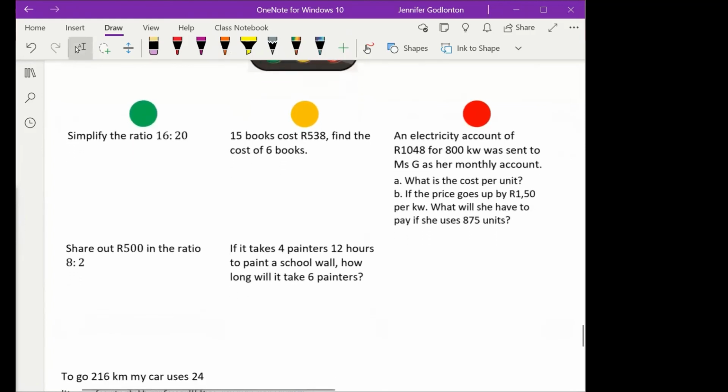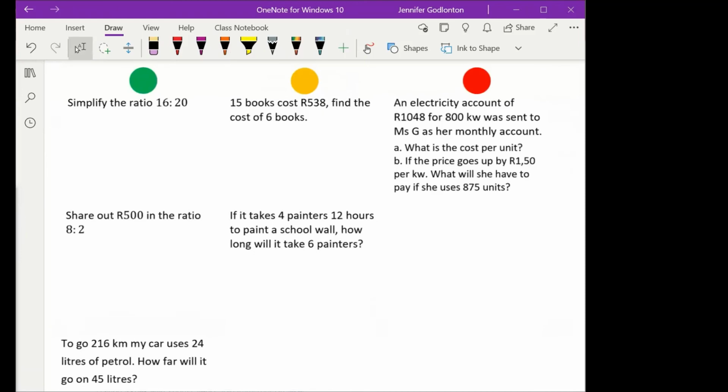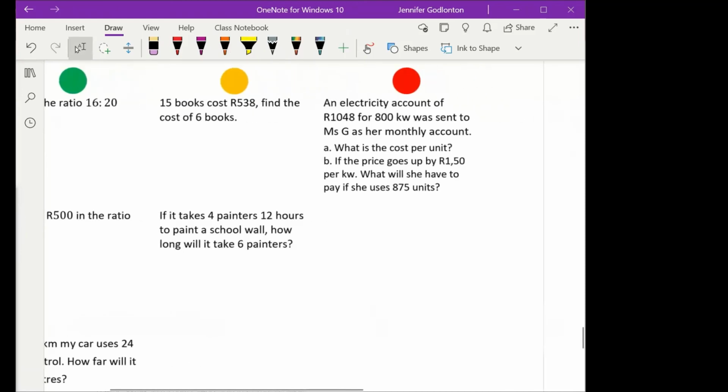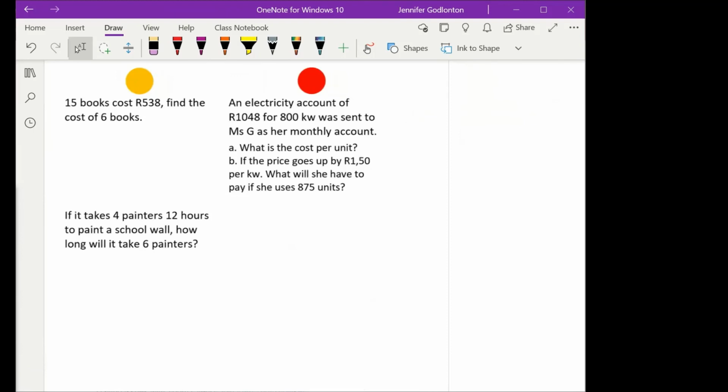We're going to do this a little bit differently because we were able to talk about the green questions already in this lesson and then we ran out of time. So the ones that I would really like for you to focus on at the moment are our orange questions. And then if you get a chance, you can move into the red.